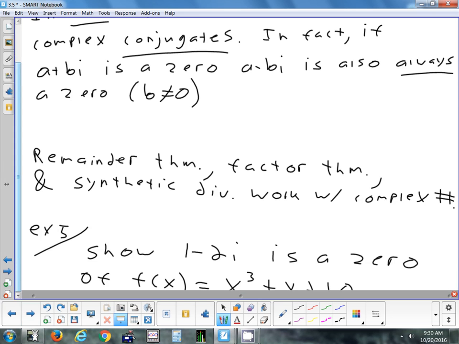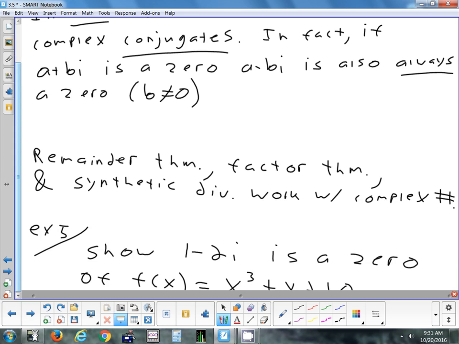Okay, so the first thing I'm going to do is show you how to do synthetic division with a complex number. It's exactly the same process. It's a little bit more arithmetic. When you multiply, it's not as easy as multiplying regular numbers, because when you multiply with imaginaries, you need to FOIL.